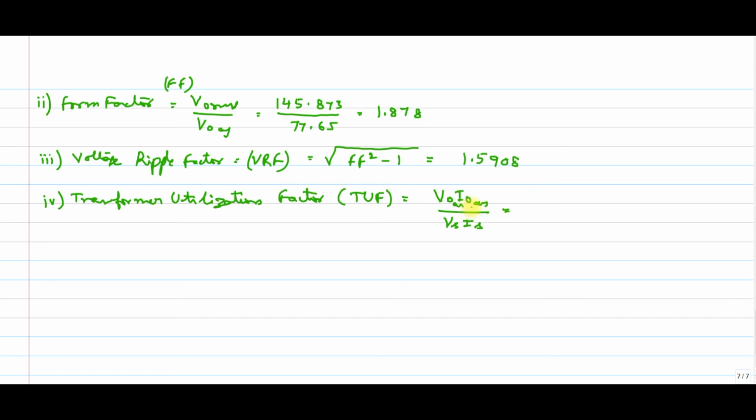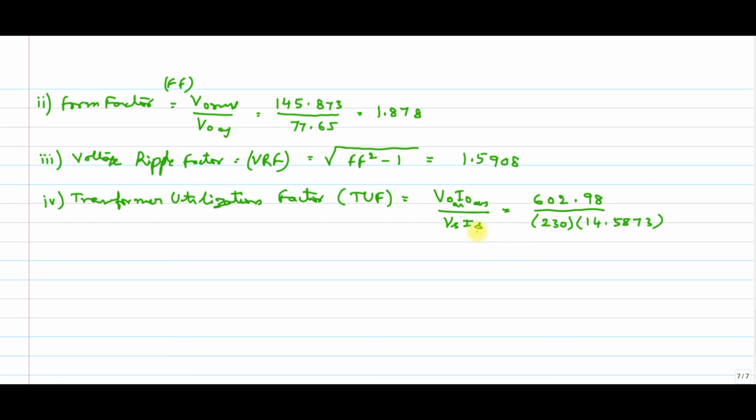V naught average into I naught average comes around 602.98, divided by Vs, which is 230 volt RMS, and source current RMS, which is 14.5873.